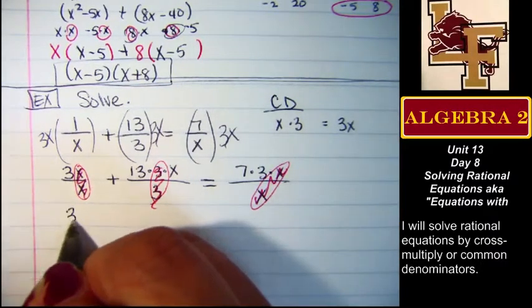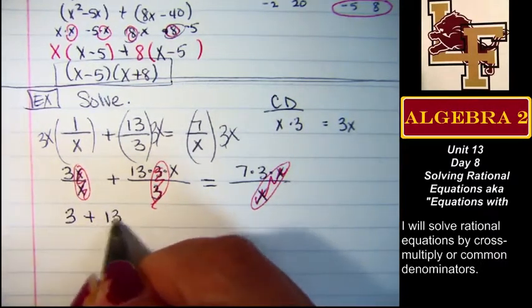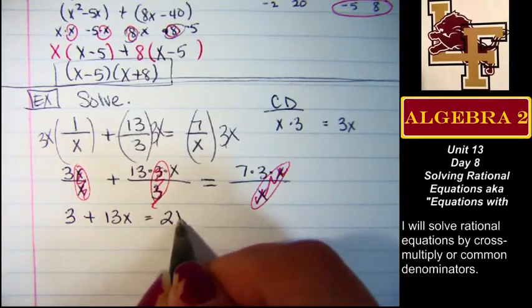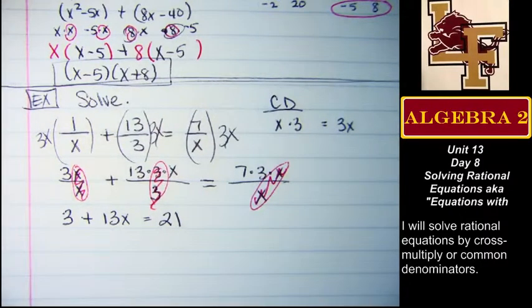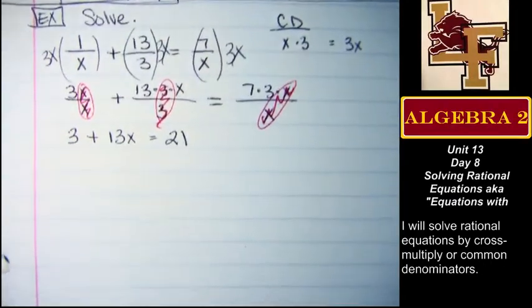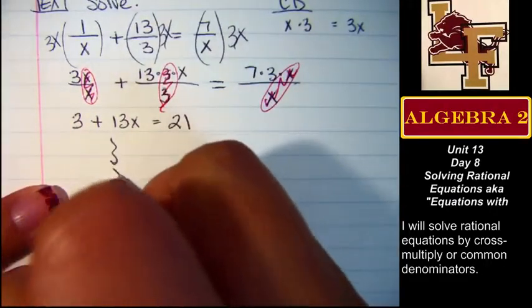And so my equation becomes 3 plus 13x equals 21. Then I can solve this equation down for x. Do y'all need to see this one solved, or you're okay? You're okay? Okay. So, solve it for x.